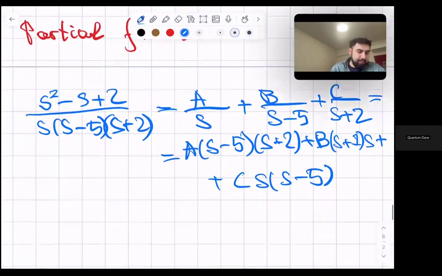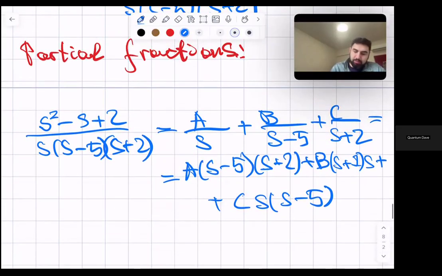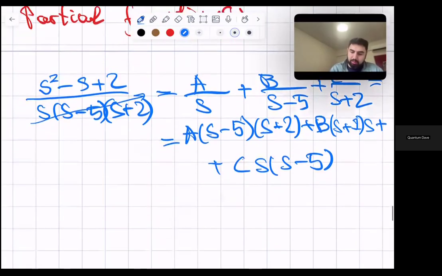So basically we have multiplied by the denominator, we got this expression, and we can assume that the denominator is already gone. And what we have to do is compare the left and right side together.